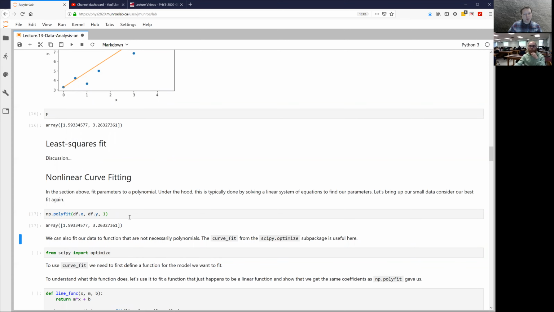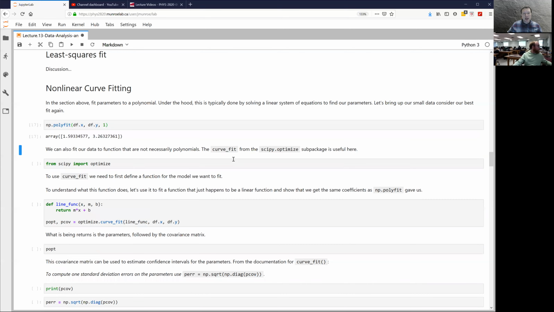But we're also able to fit data to curves that are not polynomials. Within the SciPy package, there is a bunch of functionality used for scientific purposes. So NumPy, SciPy is a bunch of functions that implement things used in science.